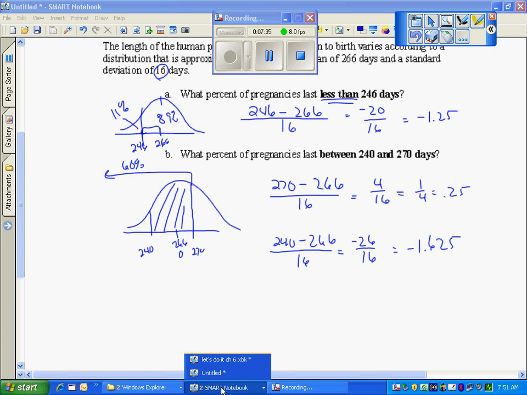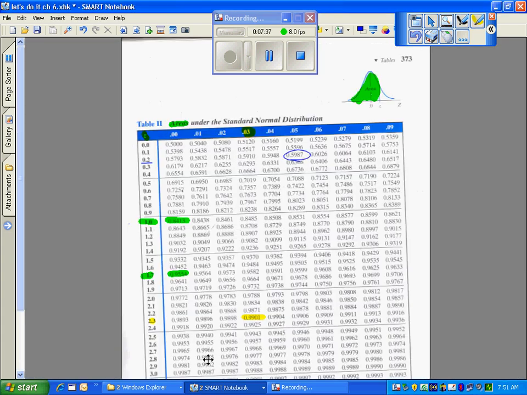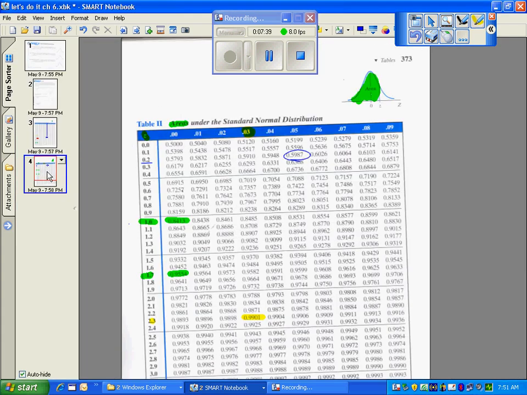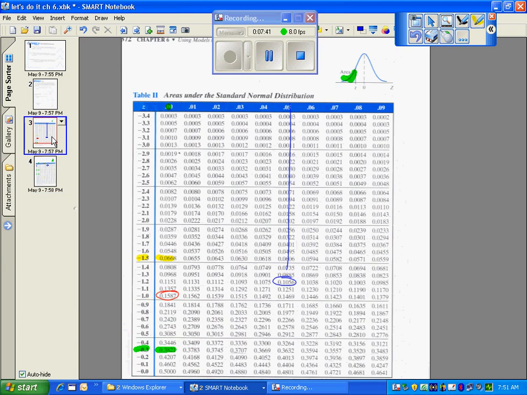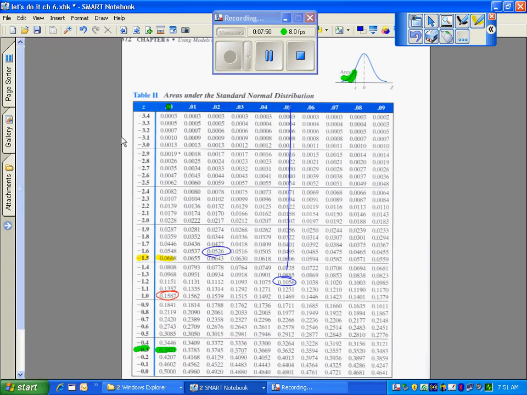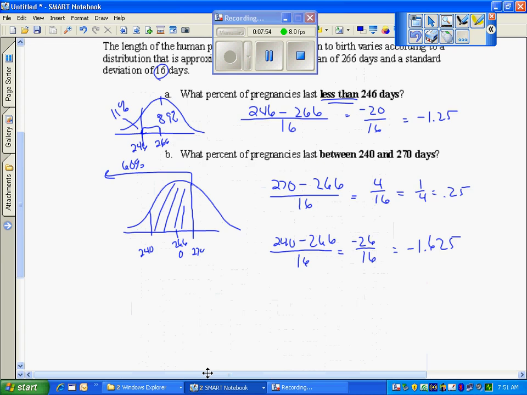Looking at my table, at the negative piece, down 1.62 is about the best we can do, and that looks to be about 5%. So this little piece is 5%. If I subtract those two, I end up with 55%.